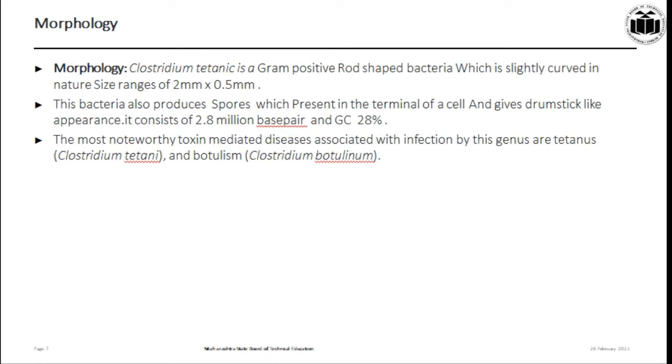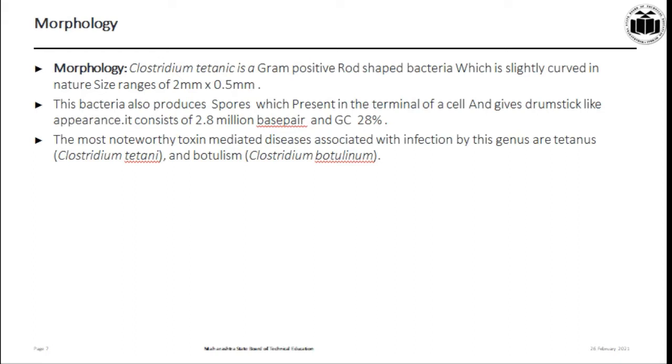When we look at the morphology, as we discussed, it is a gram positive bacteria. That means the peptidoglycan layer present in the Clostridium bacteria is thick and it shows a violet color after staining.